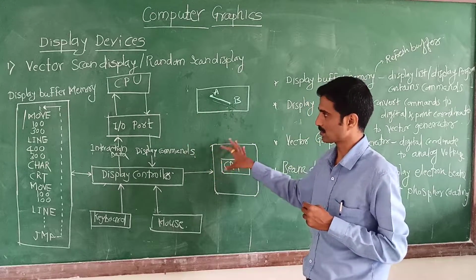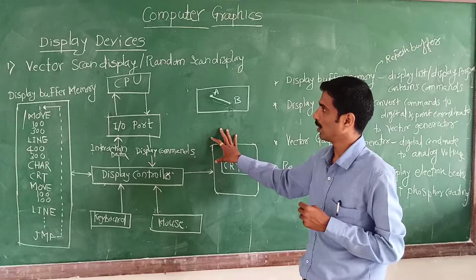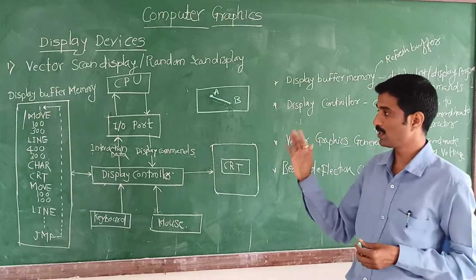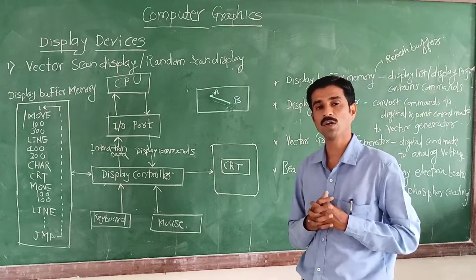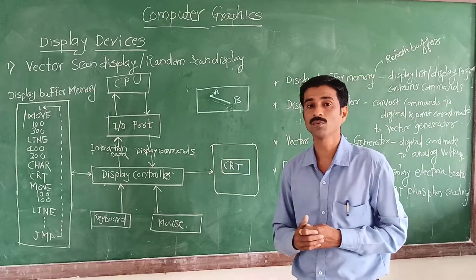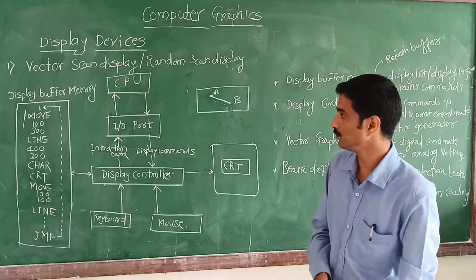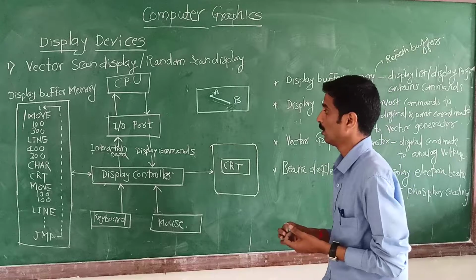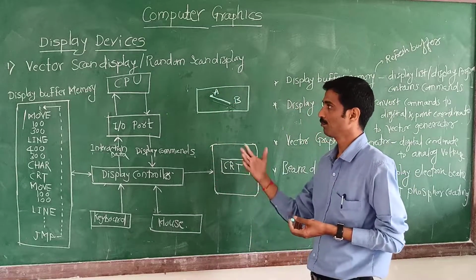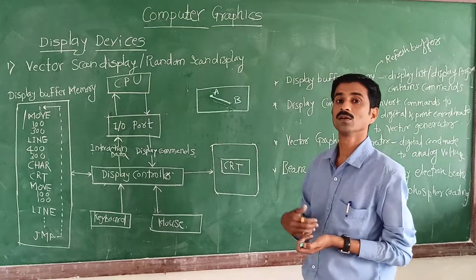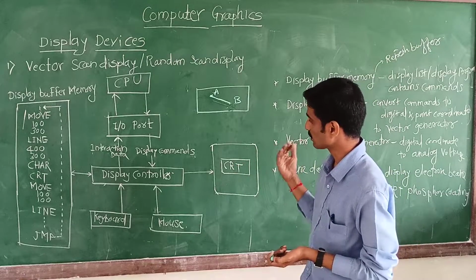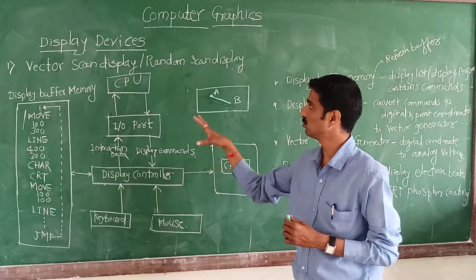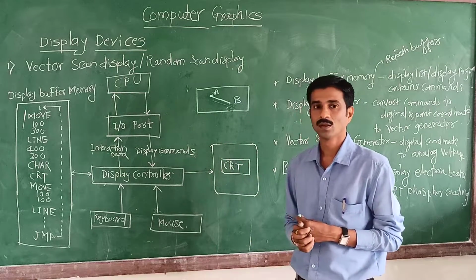There are many parts available, and we will see them one by one. The main parts are display buffer memory, CPU, I/O port, display controller, keyboard, and mouse. All these are parts of vector scan display.